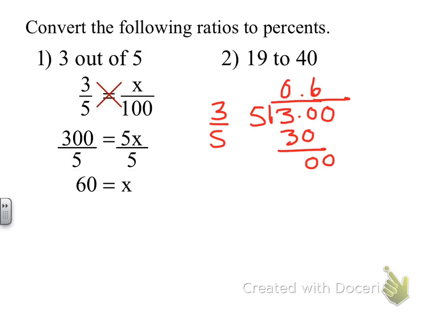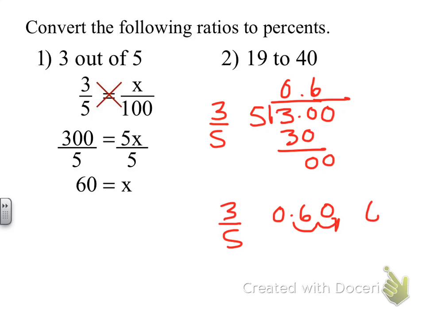And so, but the problem here is, what? Am I done? Is that a percent? Sabina, what do I need to do? You need to move the decimal places. Right, so 3/5 is equal to 0.6, or 6/10, but I have to convert that to a percent.